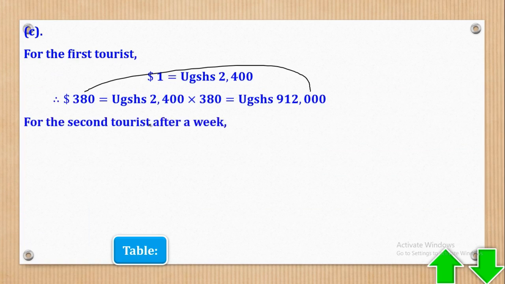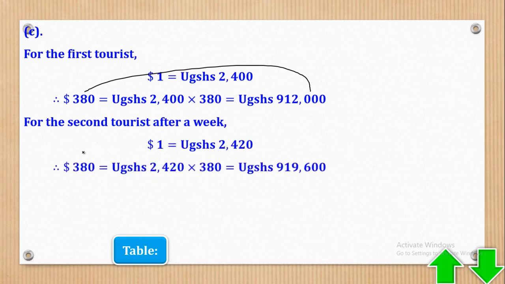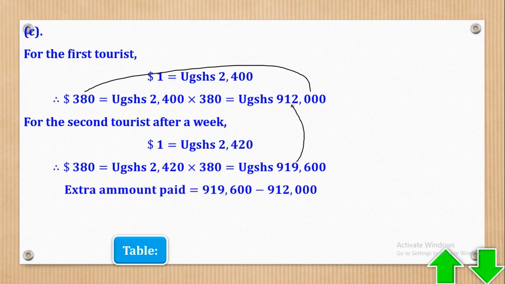Then for the second tourist, the rate changed and the rate was 2,420. Therefore, 380 will be equal to this times that. Therefore, the extra amount paid will be equal to the difference between these two, which is that minus that, and that gives you Ugandan shillings 7,600 as the extra amount paid.